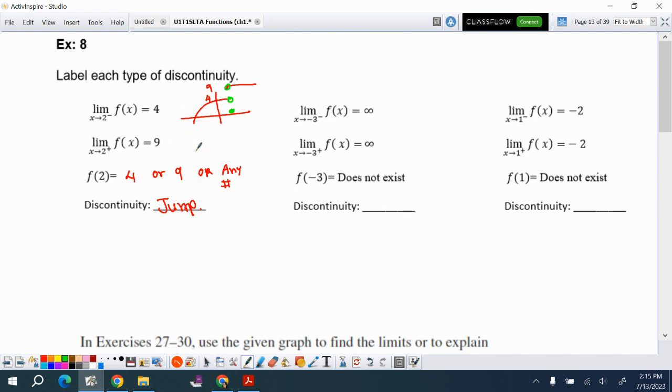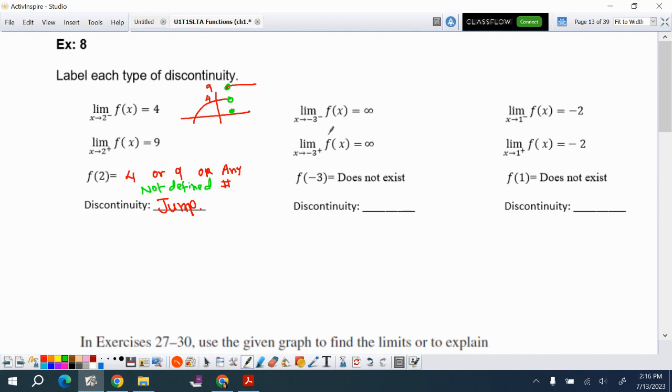There are so many possibilities. It could be 4, it could be 9, or any other number, or it is also possible it is not defined. These are all possible answers. It cannot be both, otherwise it's not a function.